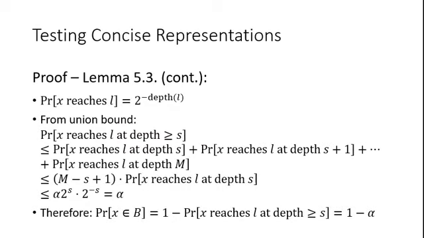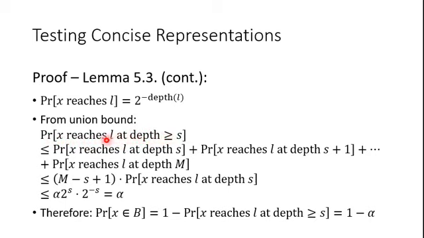Okay, so the first thing we want to do is to show what the probability of x being in B is. Now remember that x being in B means that x reaches a leaf L at depth less than s. It's very similar to what's written here, but less than s. So what we can do is look at the probability that x reaches L at depth at least s.